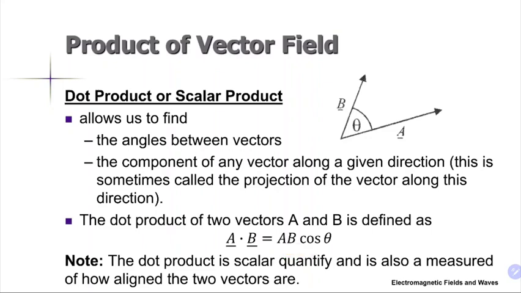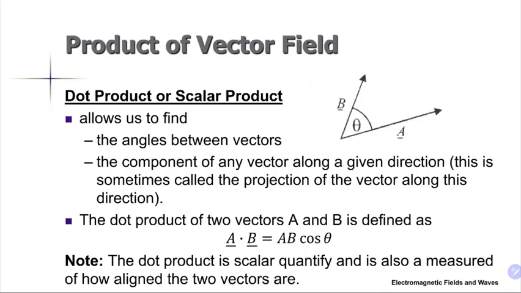So what this product does is measure how aligned the two vectors are. If A and B are aligned, which means theta is equal to 0, then cosine theta will be equal to 1. So that will be equal to the multiplication of the two magnitudes, which means that's the maximum you can get out of this product.